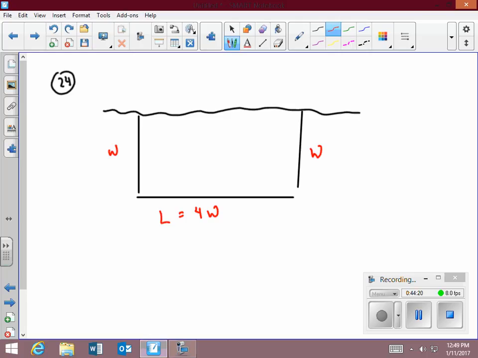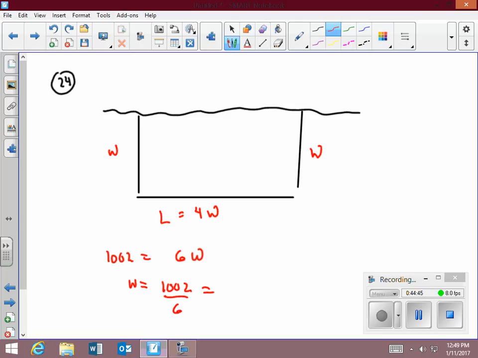So you got the 102 meters of fencing, so it's just going to be 6W, right? 6W. Is it 102 or 1,002? 1,002. I said 102, but it's 1,002. So the width is going to be 1,002 over 6.